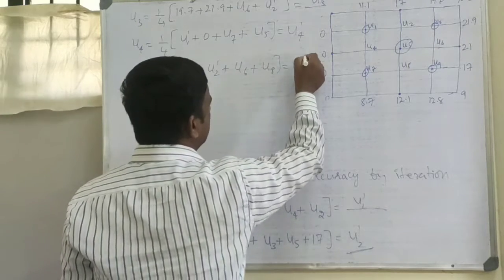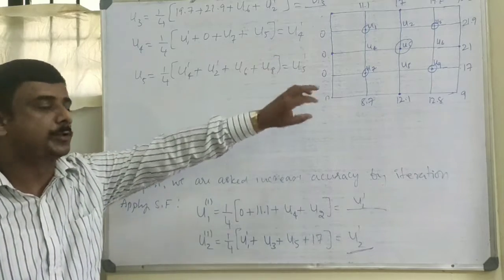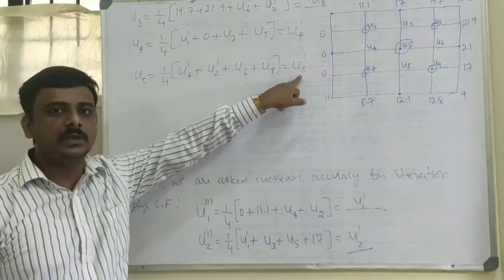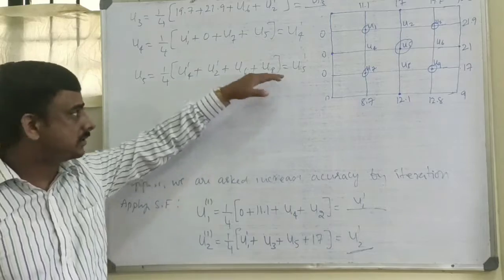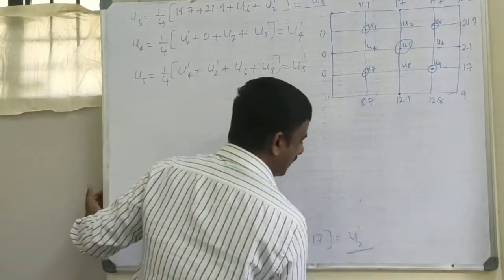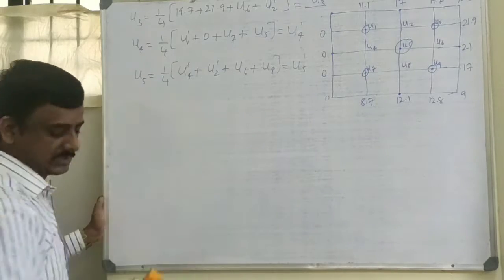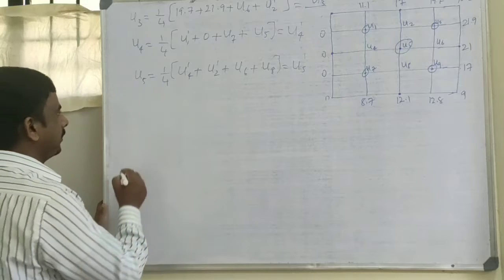We will get u5 dash. Similarly, you have to compute u6. While computing u6, instead of u5, you have to use this value. If I repeat the process till u9, that will be the Liebmann's iteration process to get a more accurate answer.